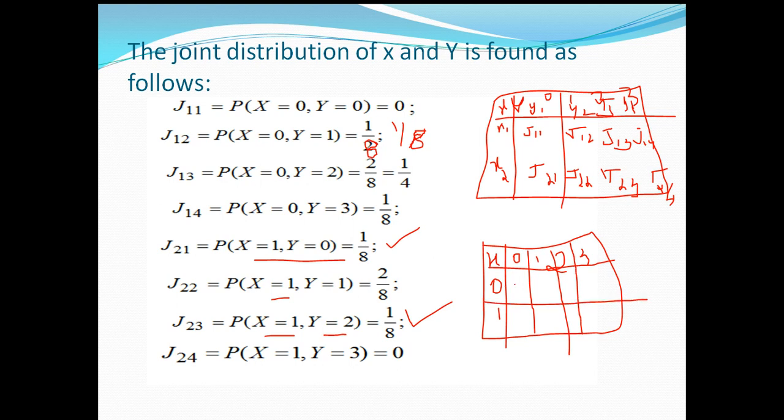That is, here when x is 0, this is 1 by 8, this is 1 by 4, this is 1 by 8. Whereas here when x is equal to 1, the value is 1 by 8, this is 2 by 8, here 1 by 8, and this is 0. So this is the required joint distribution.